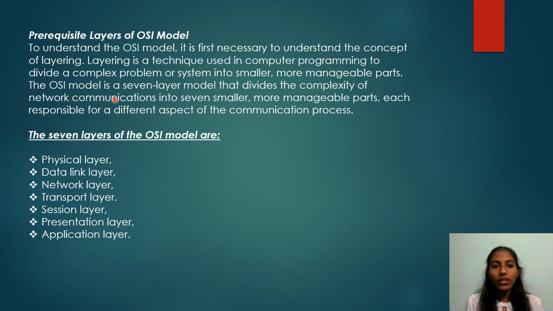The OSI model is a 7-layered model that divides the complexity of network communications into 7 smaller, more manageable parts, each responsible for a different aspect of the communication process. So, the 7 layers of the OSI model are physical layer, data link layer, network layer, transport layer, session layer, presentation layer, application layer.